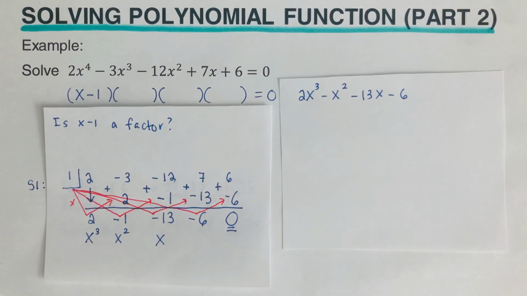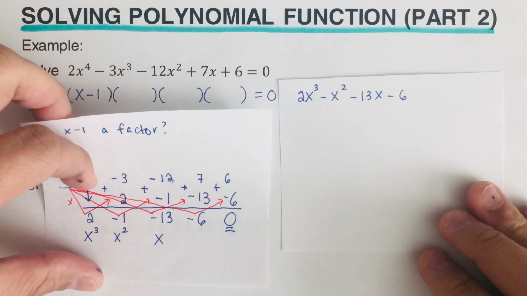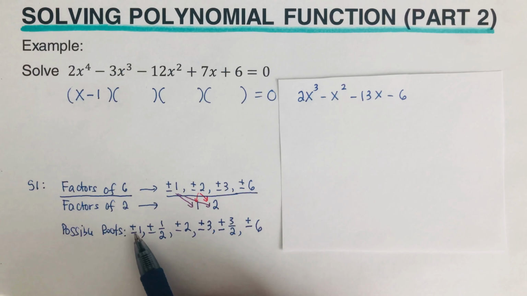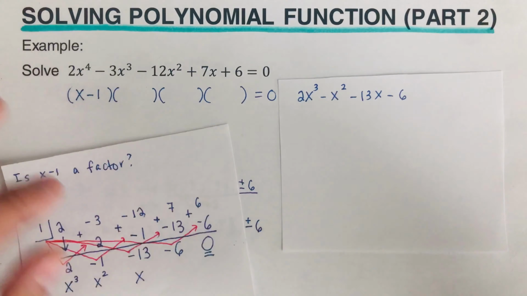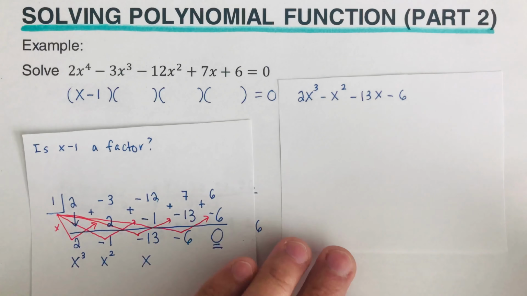So the next thing that we're going to do is to continue testing. We're done with positive 1 and negative 1. So again, the trick is to skip the fractions first. We do the integers, so we're going to have the positive 2. We're going to determine, is x plus 2 a factor?